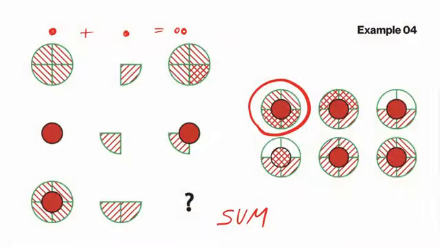Okay, example number 4. It's loading. Okay, so this is a classical sum example. Some of these examples will have mathematical operations in them, and this one is a sum. Basically, you just sum these images. As you can see, you put one on top of another.